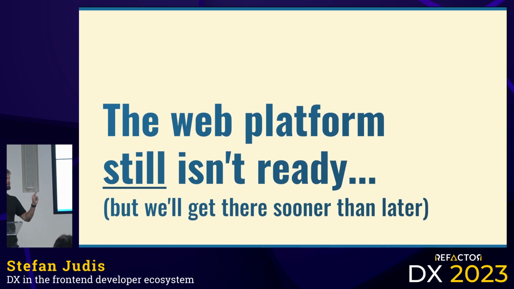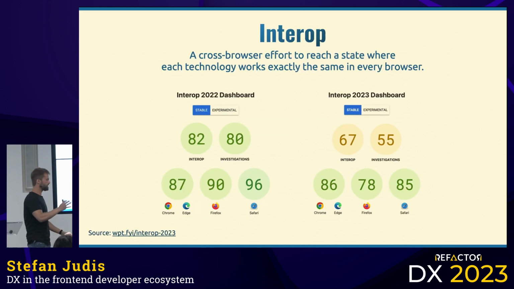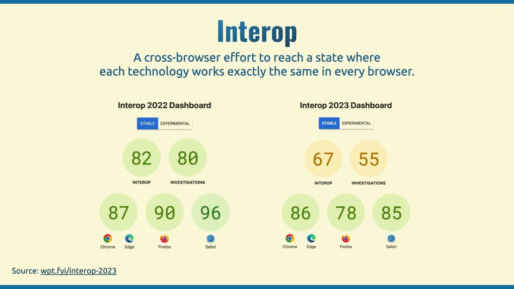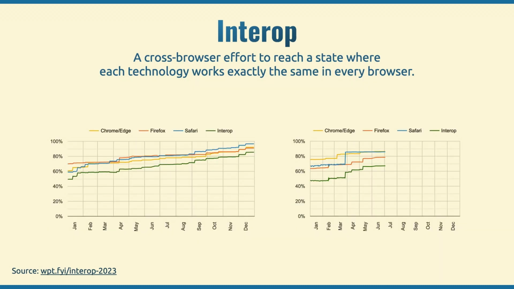But honestly, we'll get there sooner than later, because there are now initiatives like Interop, which includes all browser vendors, and they're working together, asking the developer communities, hey people, what do you need on the web? And then they figure out a change set that they all agree on that they want to fix and implement across browsers so that we don't have to polyfill and worry about all these things. And then these things are tracked, and all the browser vendors are committed to shipping a good web platform so that we can build good stuff.